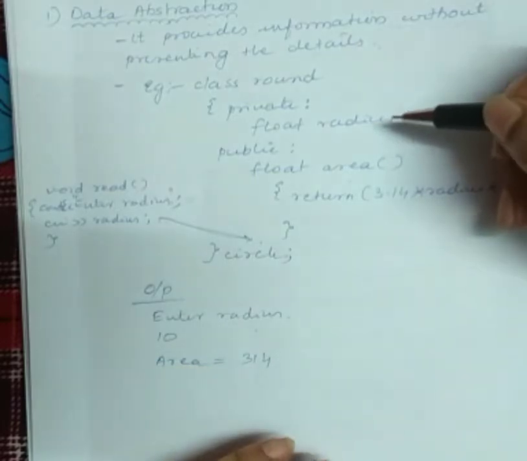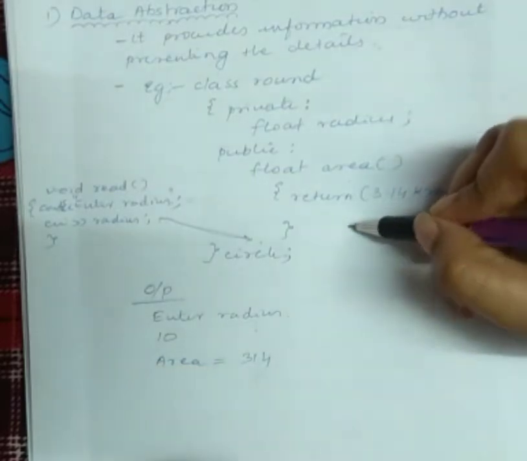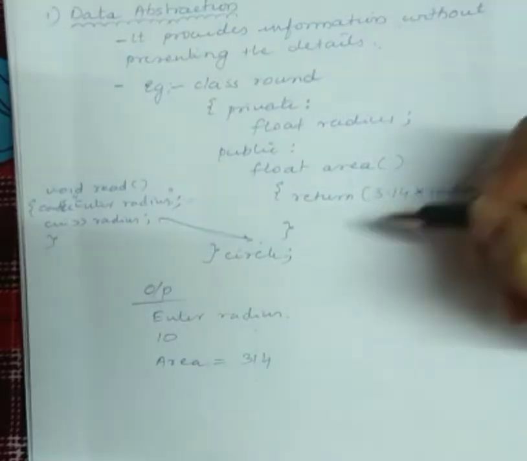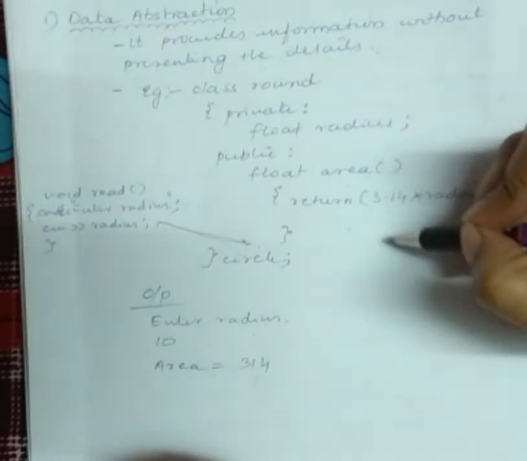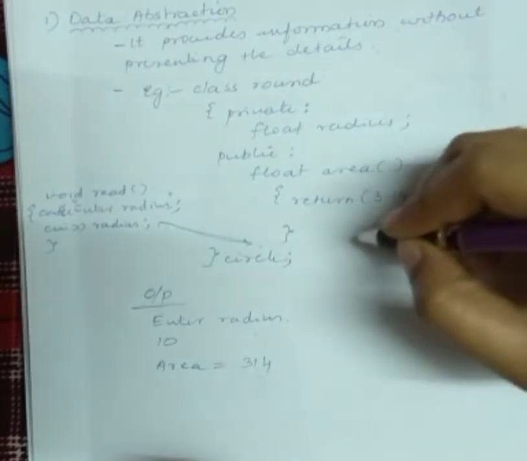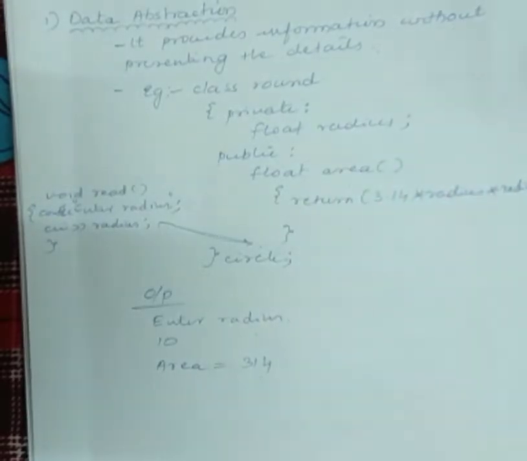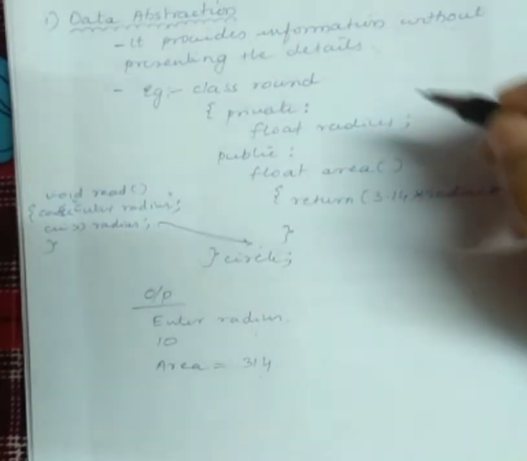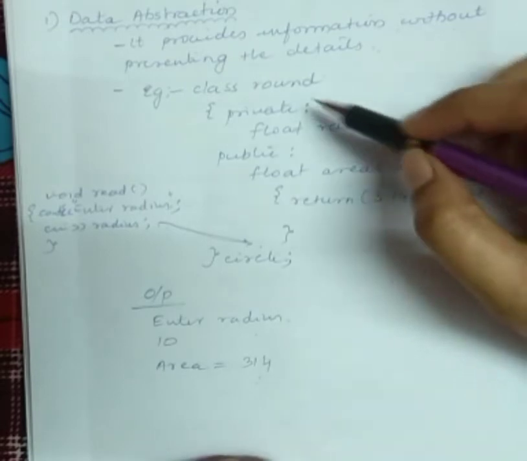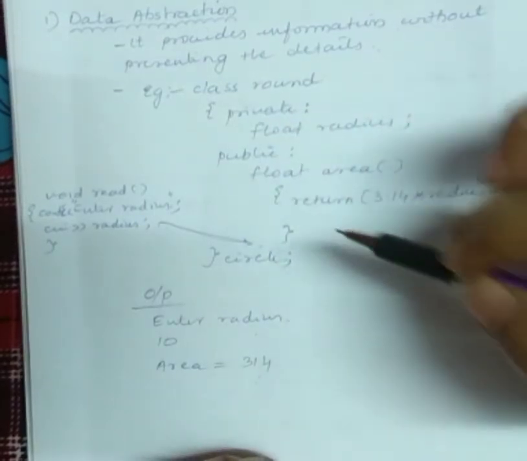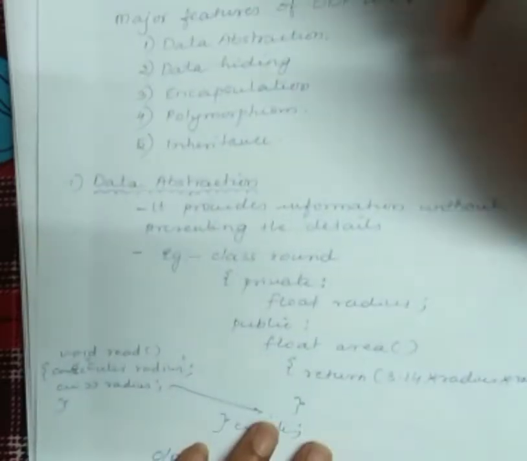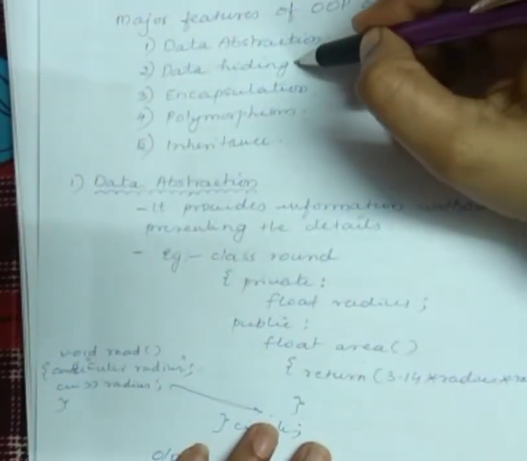I just have to incorporate one more function here, float perimeter, and write the equation for the perimeter here. So this C++ program, with the help of a class, is providing the feature known as data abstraction. And what was the second one? The second one was data hiding.